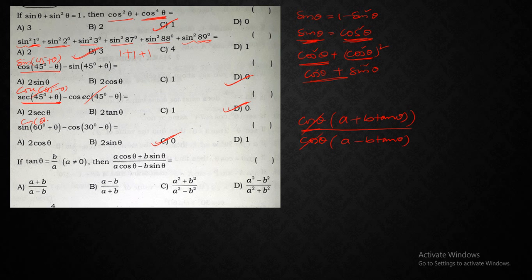Now cos theta gets cancelled, so a plus b tan theta is a plus b into b by a, divided by a minus b into b by a. From this I get a square plus b square by a square minus b square. So the answer is a square plus b square by a square minus b square, option C.